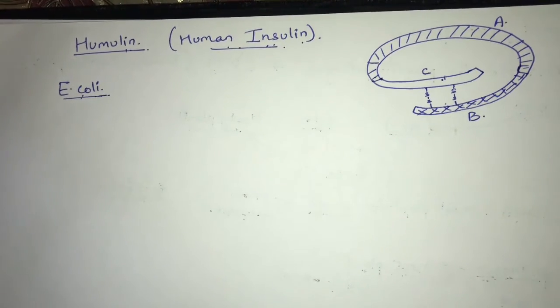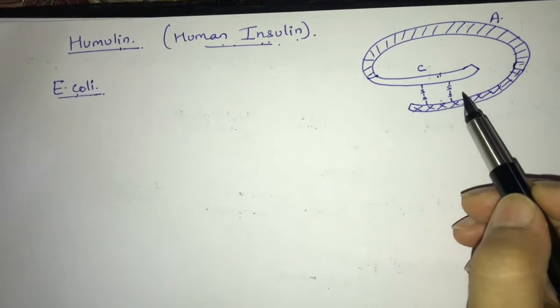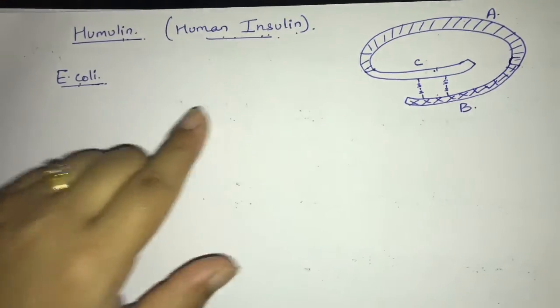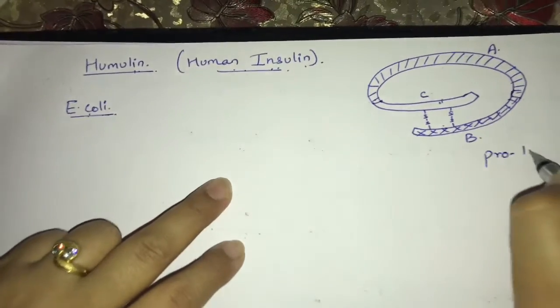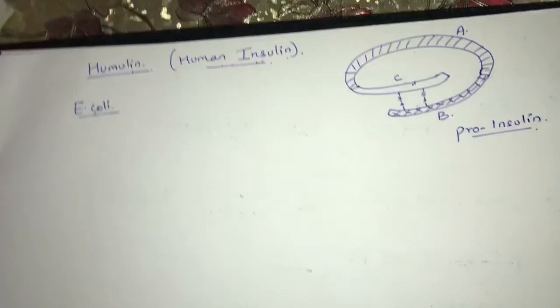Proinsulin gets converted into mature insulin by cleaving the C polypeptide, which is absent in mature insulin. So proinsulin is not mature. This is the diagram of proinsulin when it is first made, which is not mature.